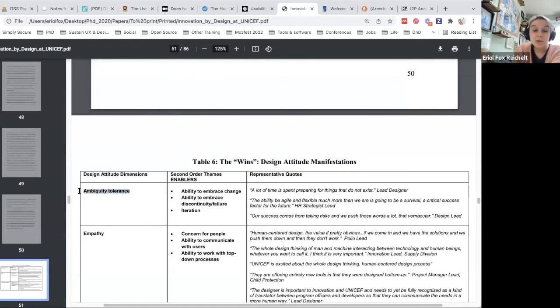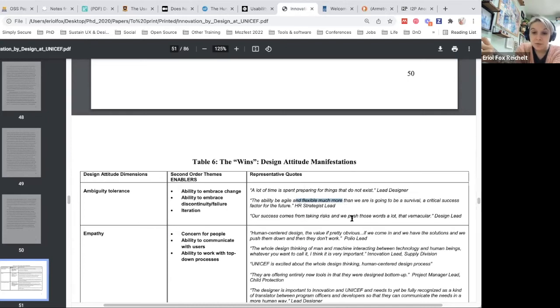So we've got ambiguity tolerance, which was talked about in the introduction, just about being something that design does well. And then it's the ability to embrace that. We've got then some quotes: a lot of time spent preparing for things that do not exist, the ability to be agile, flexible, a critical success factor for the future.